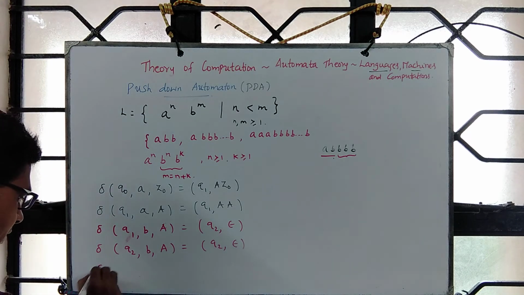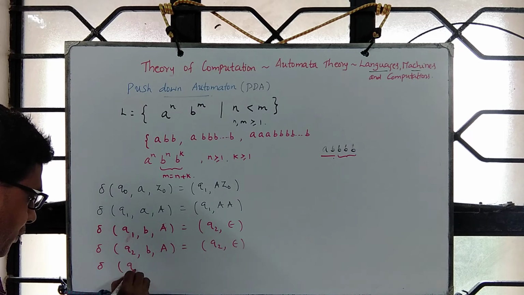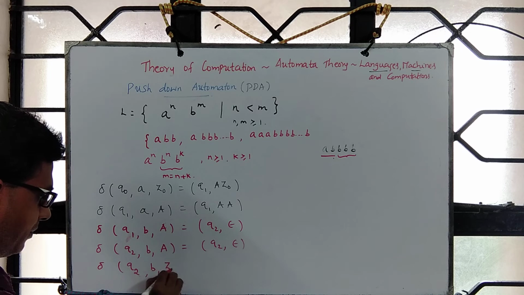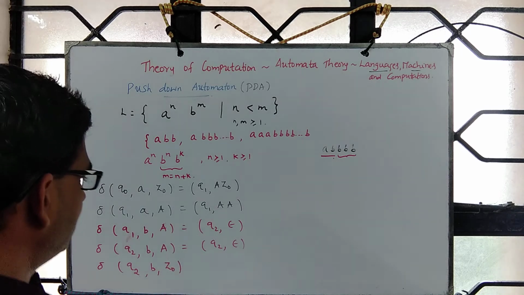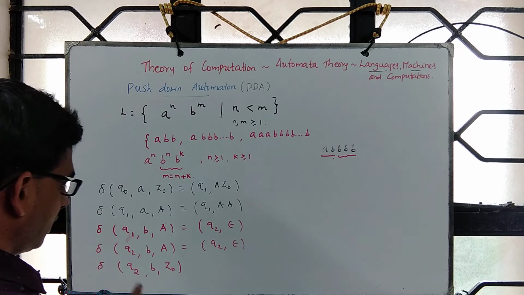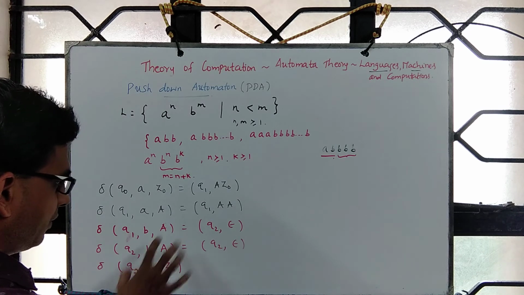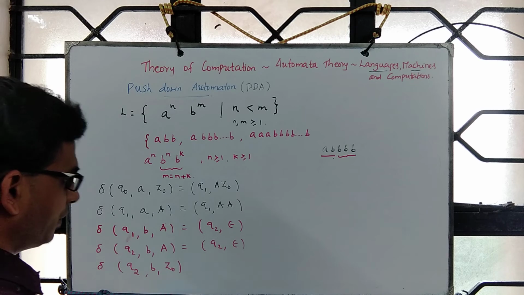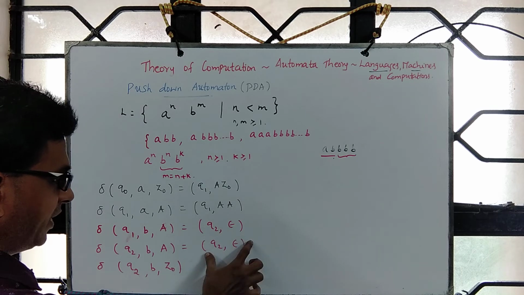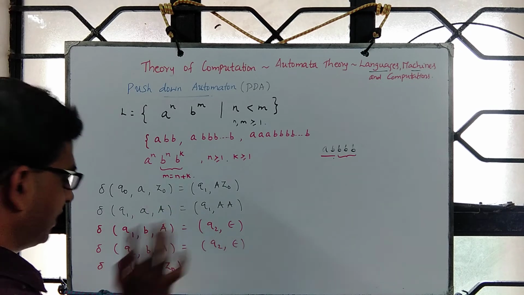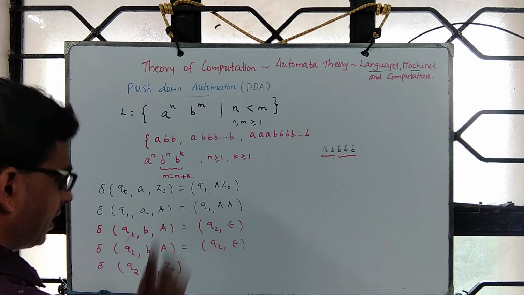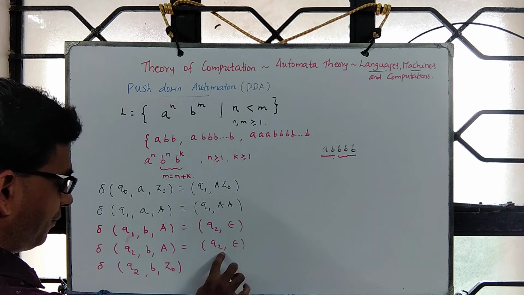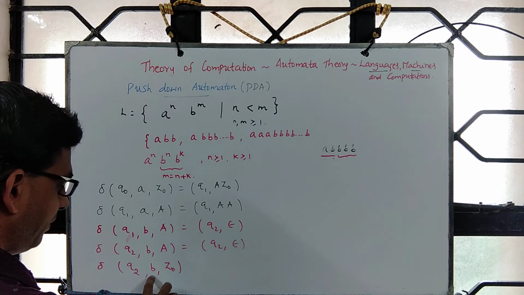Now we are in q2, we read a b, the top symbol is z0. So what is this telling us? If you are in q2, which means you are reading b's corresponding to a's read, and then you have completed popping a couple of b's. Now you are reading a b.